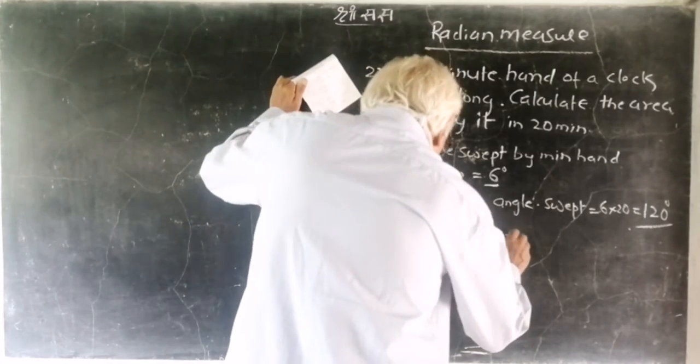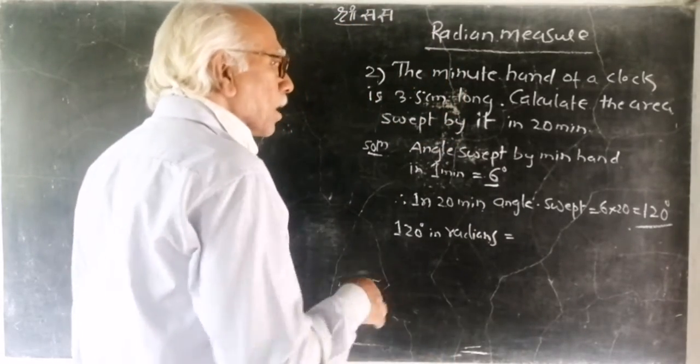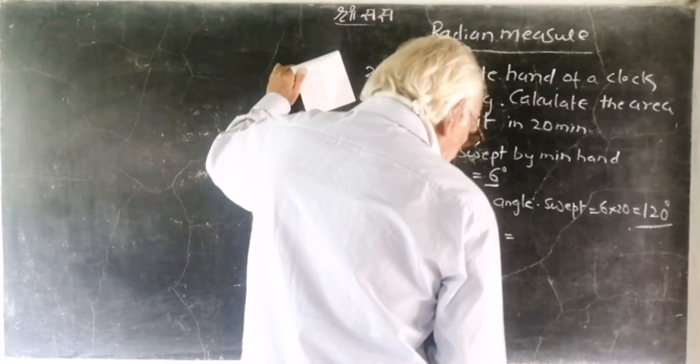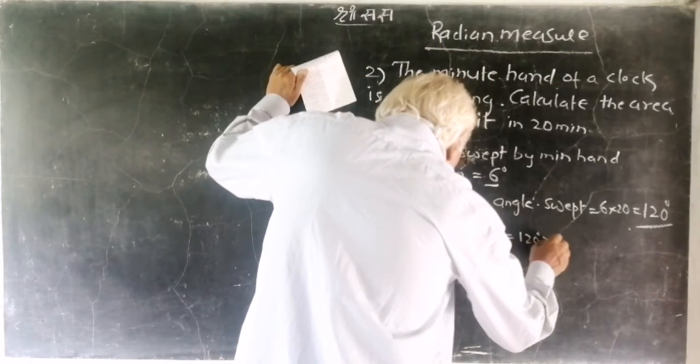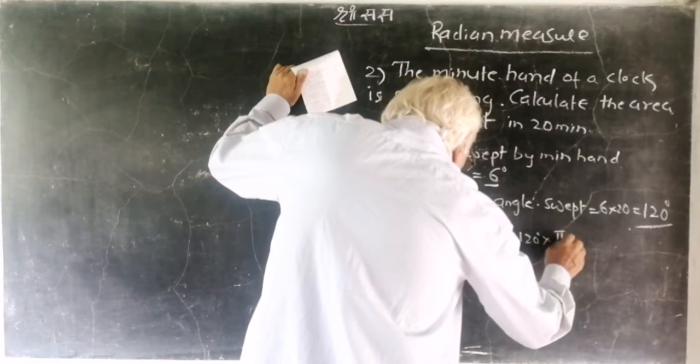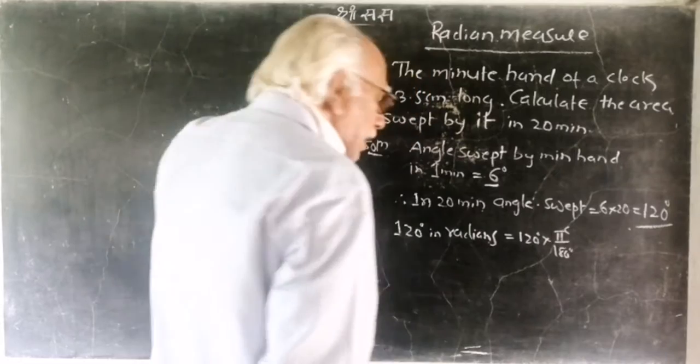120 degrees in radians is equal to how much? If you want to convert into radians, multiply by pi by 180. So this is 120 degrees into pi by 180 degrees, it will be in radians.